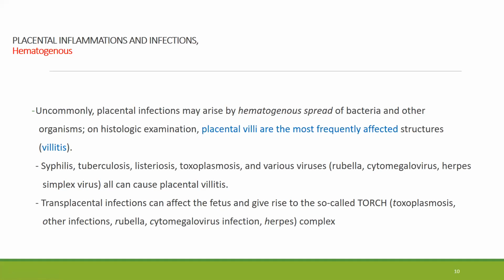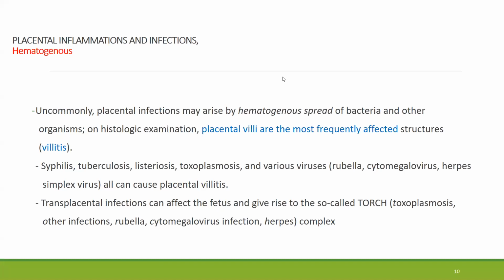So if it is through the ascending path, the most important histopathologic findings are seen in the chorion, amnion, and the umbilical cord. If it's through hematogenous spread, the most important part involved is the placental villi.